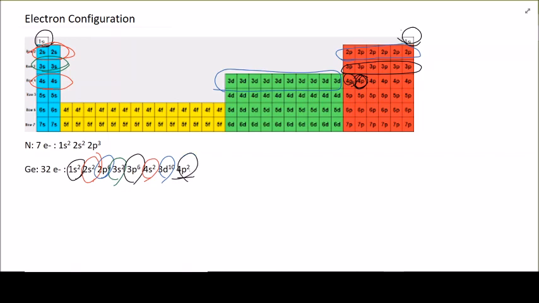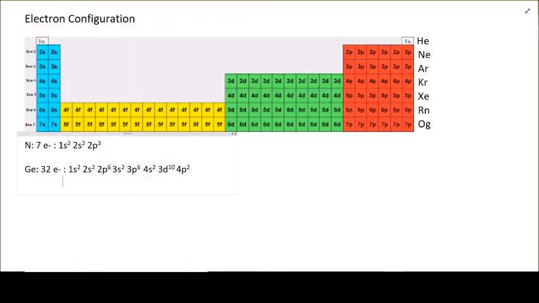Now, as you can imagine, that's a lot of orbitals to go through. So we use what's called a noble gas configuration as a shortcut. So again, germanium is located here. Notice that helium corresponds to the electron configuration of 1s2. The electron configuration of 1s2, 2s2, 2p6 corresponds to neon.